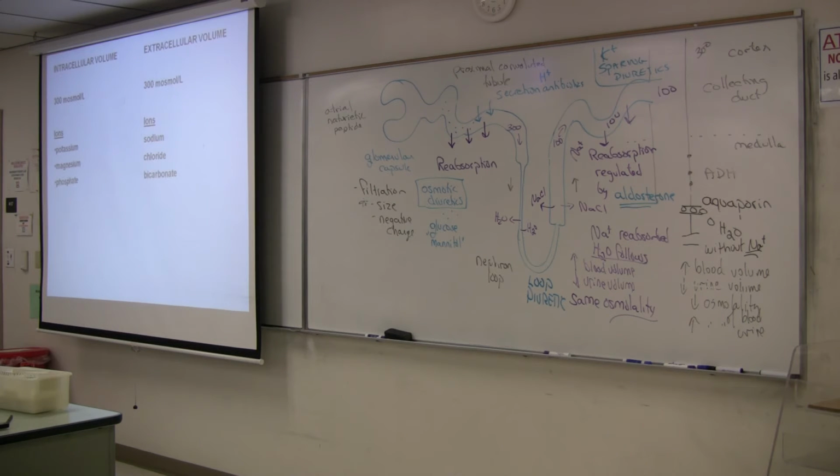Now, we're going to be looking at some of these ions with our acid-base balance, but most of you already know this: the most common predominant ion in extracellular fluid is sodium. Inside the cells is potassium. Notice the osmotic pressure is the same, even though the ions are different.